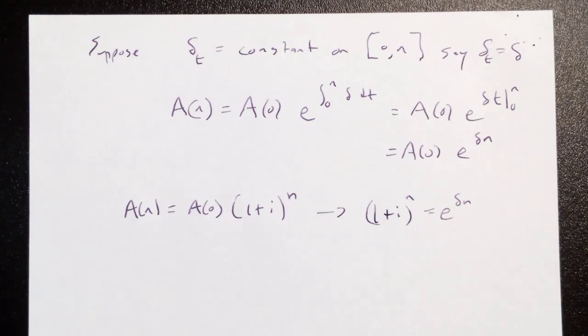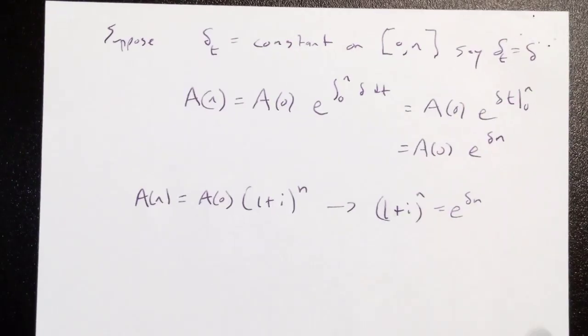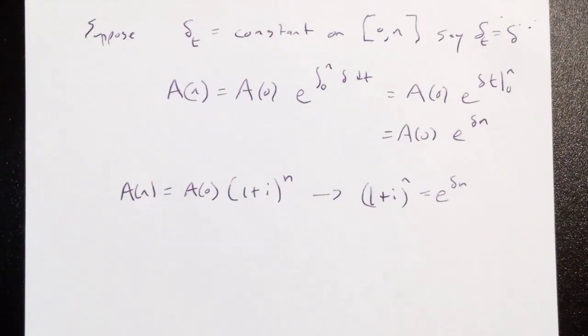I need another rule about exponents. How do I get rid of that nth power on the left? Oh, no, that's not. That only works for logarithms. There's no logarithm here. I want to get rid of this nth power. I need an nth root.